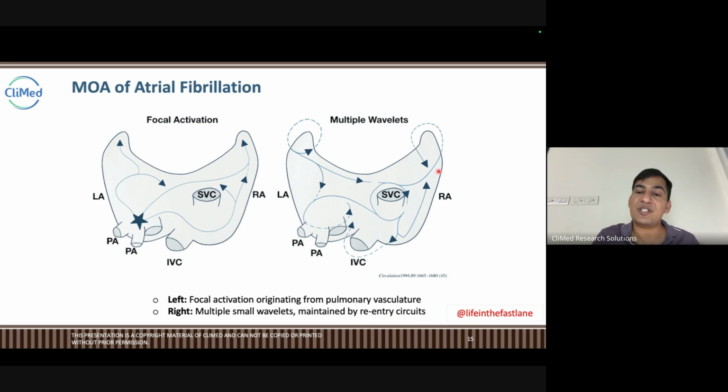These re-entry circuits are causing the irregularity in the heart, creating irregular heartbeats and irregular wavelengths of impulses or voltages.